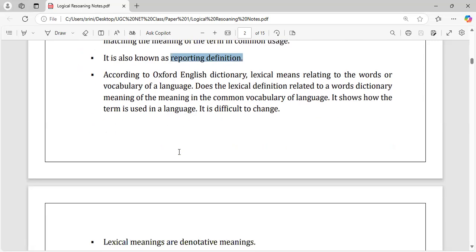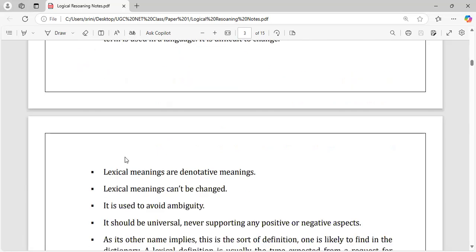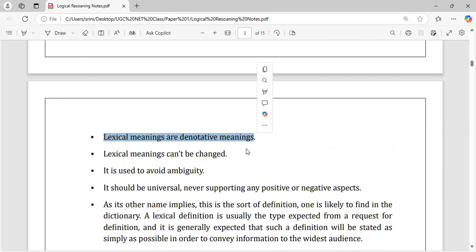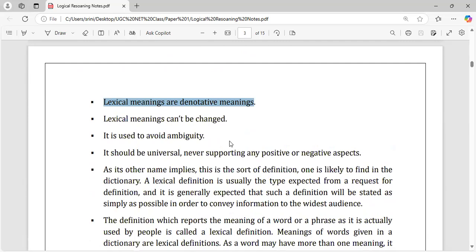According to the Oxford English Dictionary, lexical means relating to the words or vocabulary of a language. Thus, the lexical definition relates to a word's dictionary meaning in the common vocabulary of a language. It shows how the term is used in a language. It is difficult to change. Lexical meanings are denotative meanings.